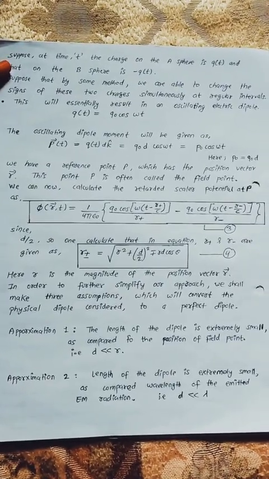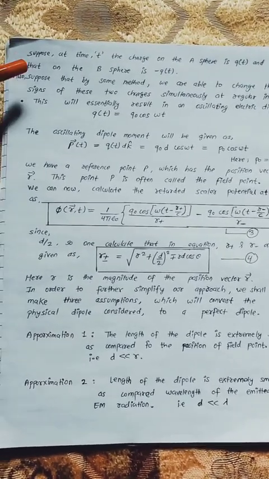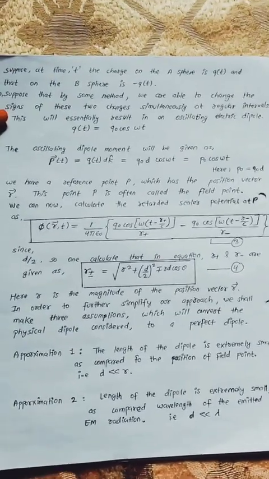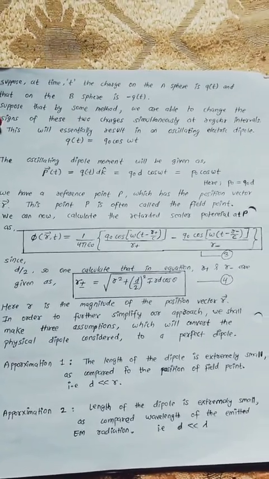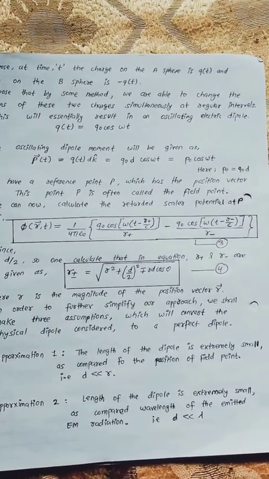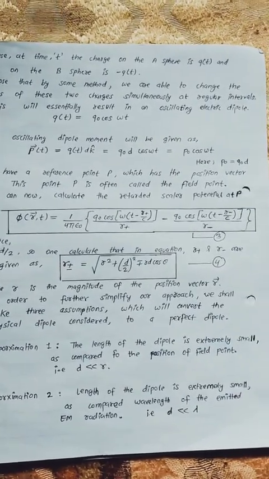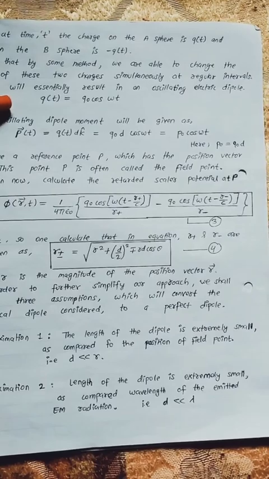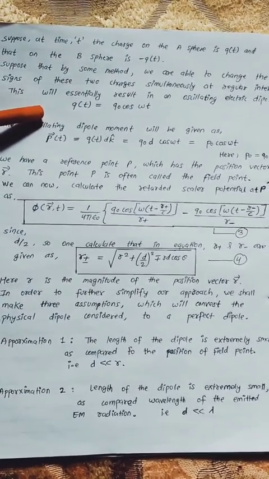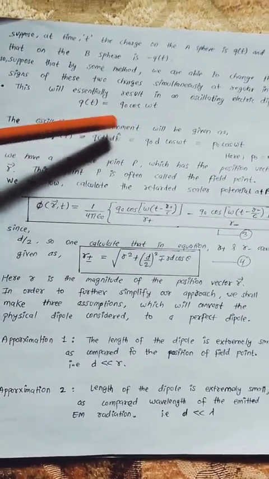Suppose at time t the charge on sphere a is q(t) and that on sphere b is minus q(t). Also suppose that by some method we are able to change the signs of these two charges simultaneously at regular intervals. This will essentially result in an oscillating electric dipole, q(t) equal to q naught cos of omega t, where q naught is the amplitude and omega is the frequency.